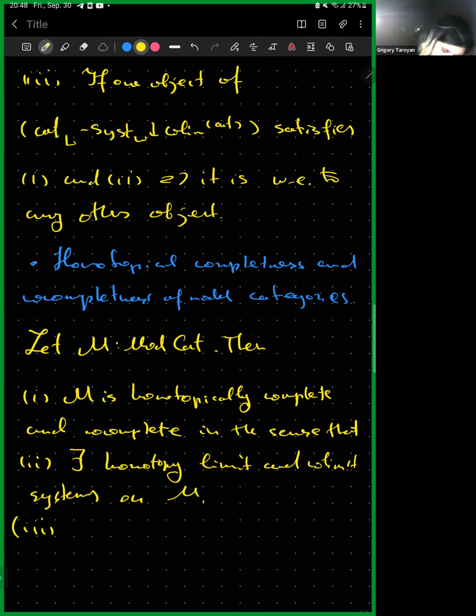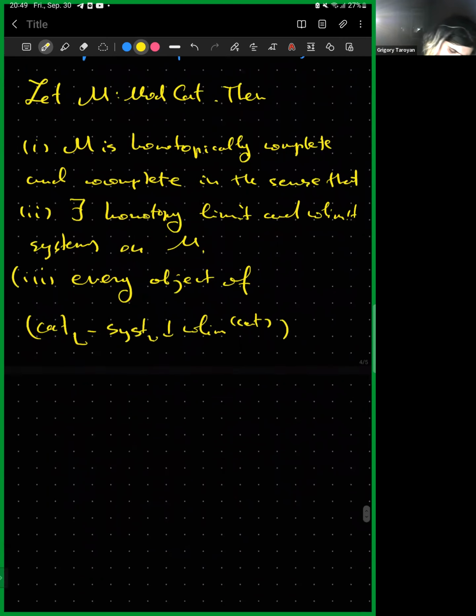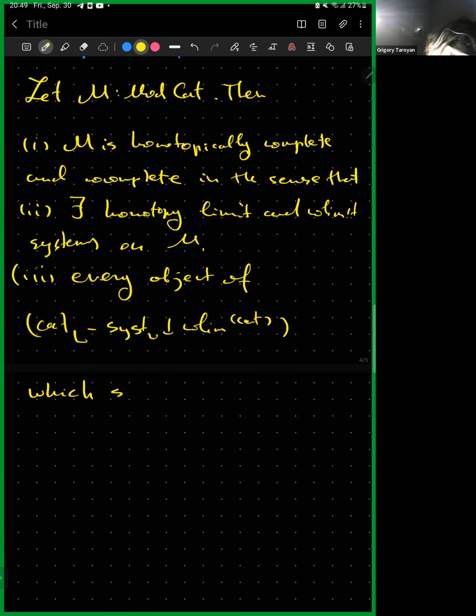And moreover, every object of this over category of left cat systems over the colimit cat system satisfies either 1 or 2 from the previous point.